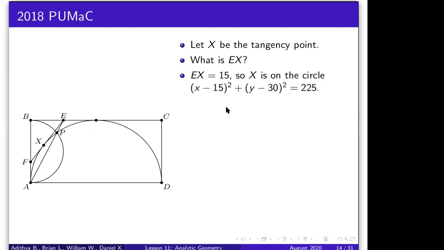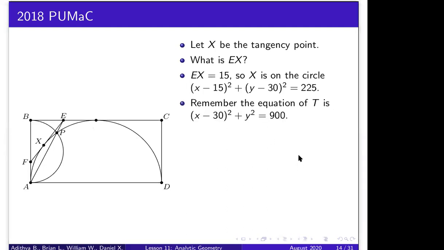So that means X is on a circle with center E and radius 15. And the equation of that circle is (x minus 15) squared plus (y minus 30) squared equals 225. And remember that the equation of T, the circle with diameter AD, is (x minus 30) squared plus y squared equals 900.